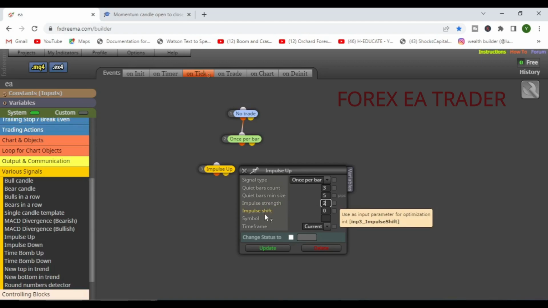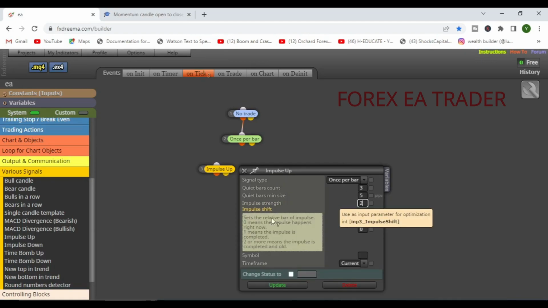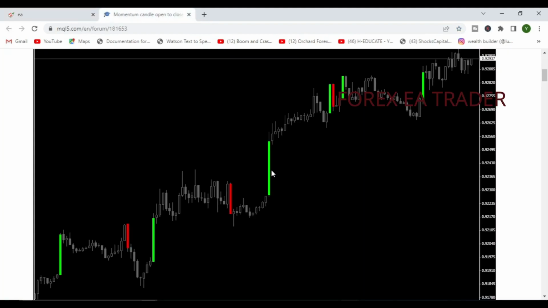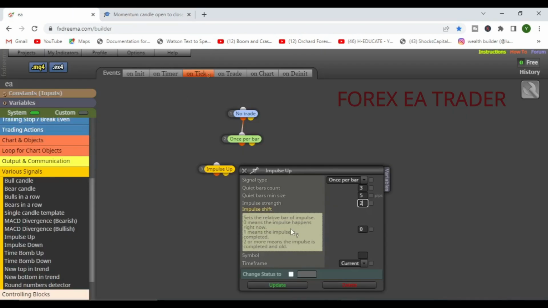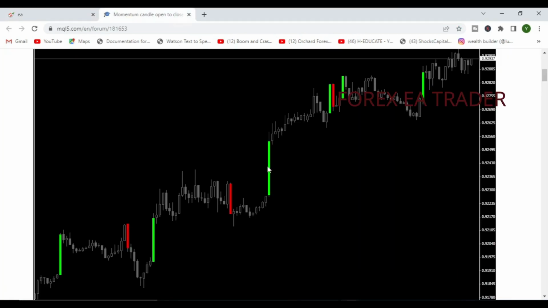Then the impulse shift, if we just click in there, sets the relative bar for the impulse. 0 means the impulse happens right now. So 0 means the current candle, and I think we get in immediately.